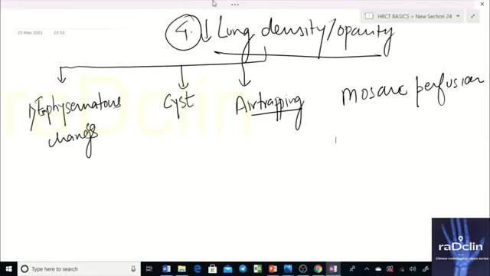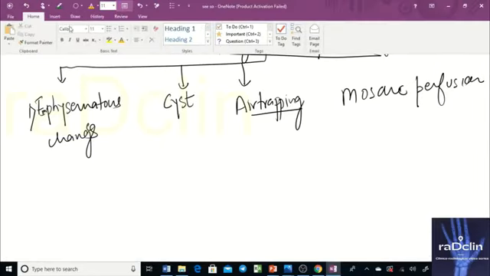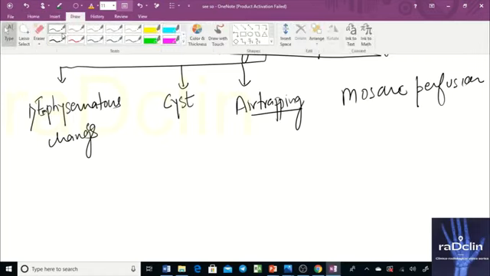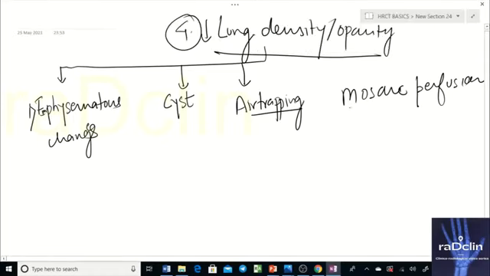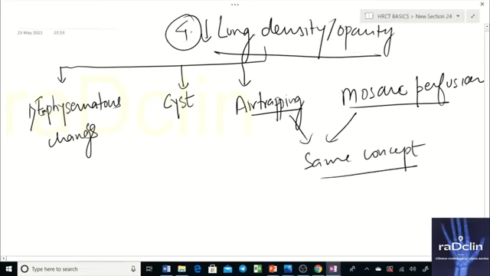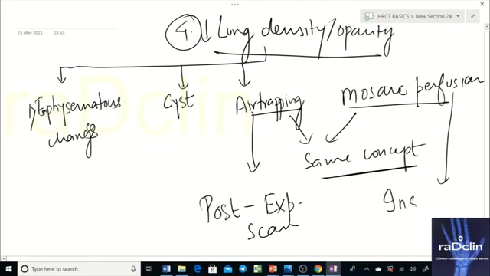In layman's terms, the air is getting trapped, but we use air trapping in a post-expiratory scan, and we use mosaic perfusion in an inspiratory scan, the conventional scan we always take in HRCT.